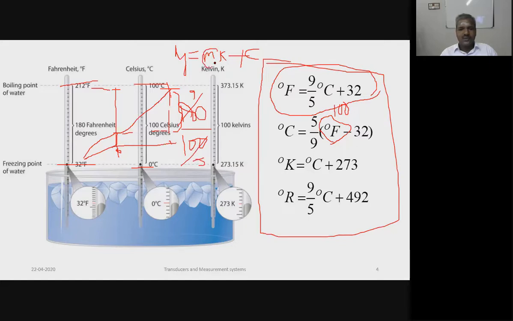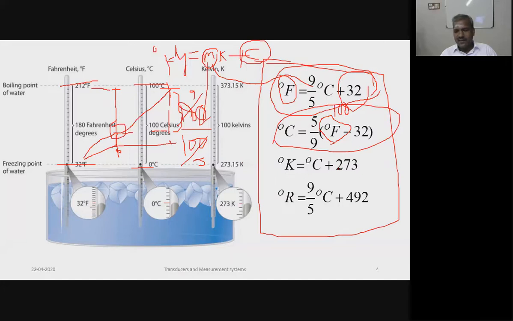This is the slope m. So y, the degree Fahrenheit on the y axis, equals 9 by 5 into x, where x is degree Celsius, plus the intercept c, which is 32. If you manipulate this, you will get this equation.